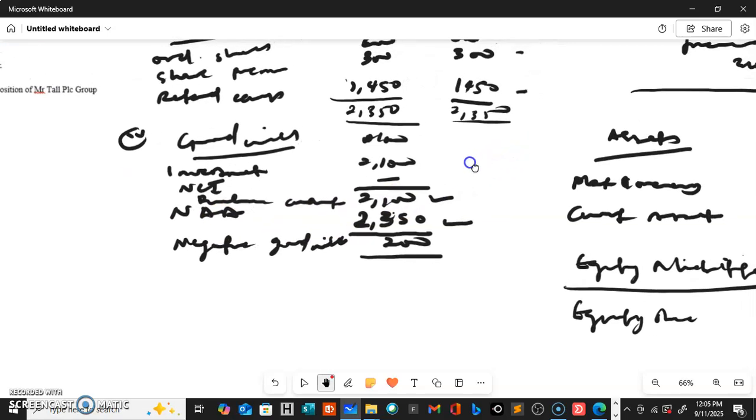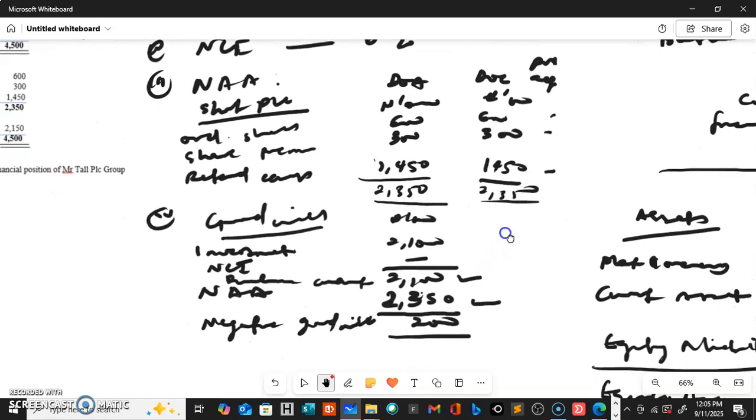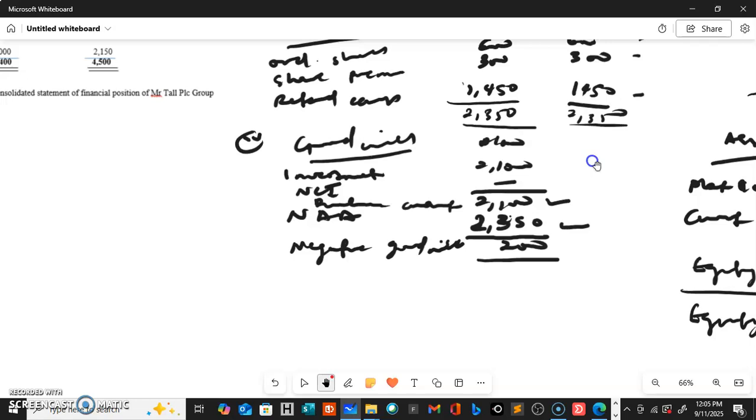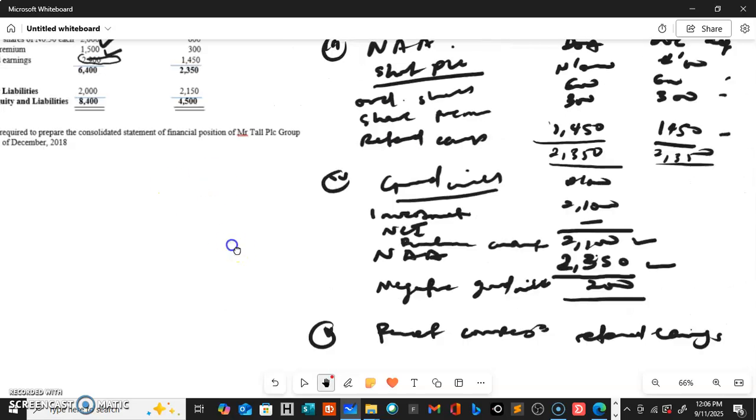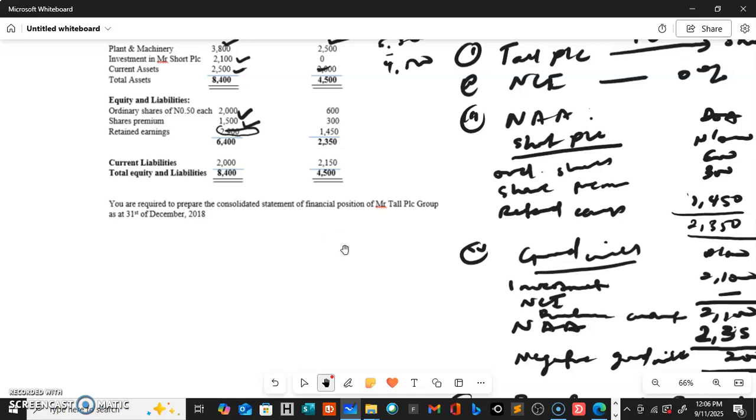For us to be able to determine the amount that we are going to post, let us do that now. Let us just quickly do that. Number five is the parent company's retained earnings. For the parent company, we have the total retained earnings as 2,900.